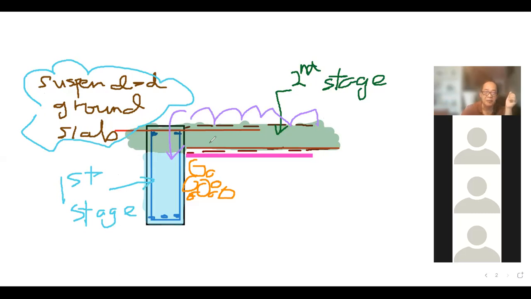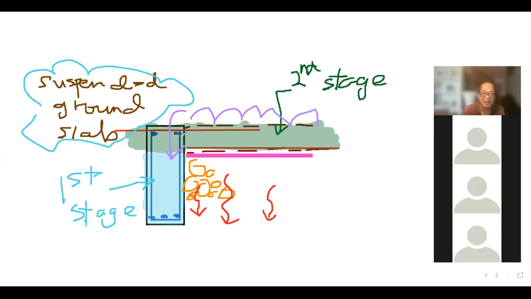Okay, so there will be no transfer of load from the ground slab kepada the soil below. So it means to say that whatever happens to the soil di bawah ni, if the soil starts to settle di sini, if the soil starts to settle after 5 years, after 7 years, after 10 years, then it would not affect the ground slab because the ground slab is connected kepada ground beam.